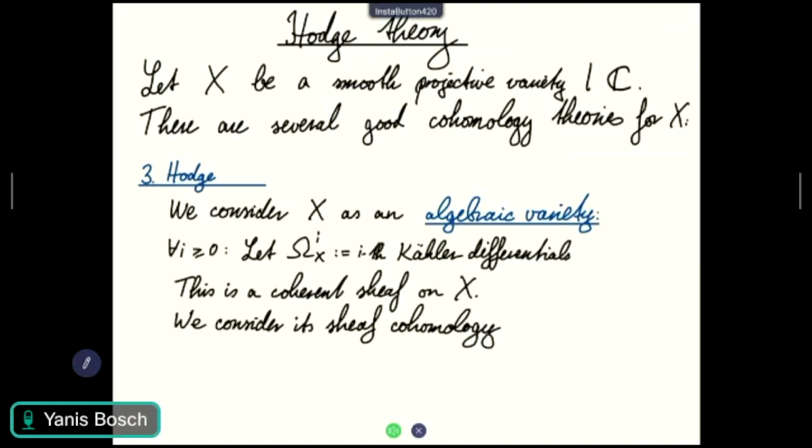And in this world, we also have a notion of differentials, an algebraic notion, the Kähler differentials. And this time I consider them as a coherent sheaf on my smooth projective variety. And then we have this tool of sheaf cohomology that I can apply to coherent sheaves. And this I can use to define Hodge cohomology.